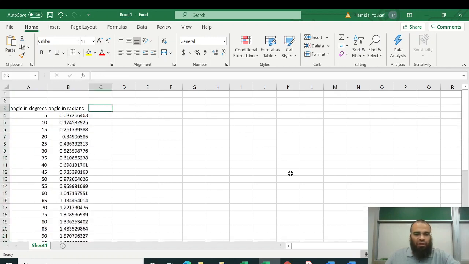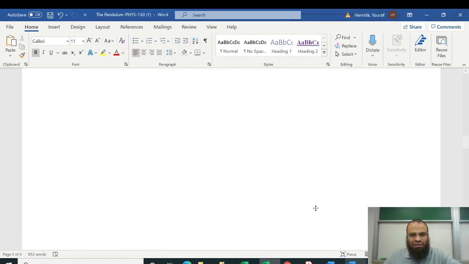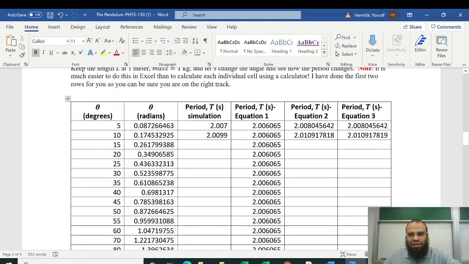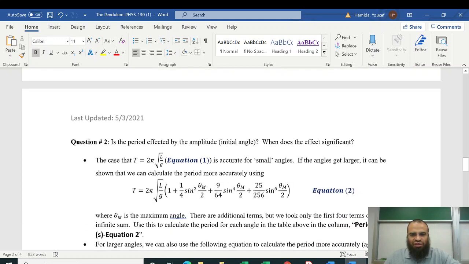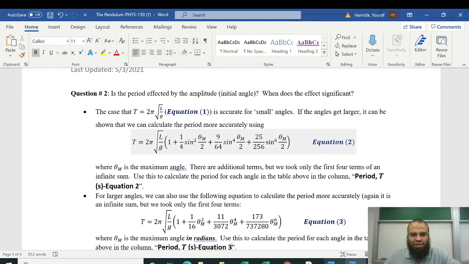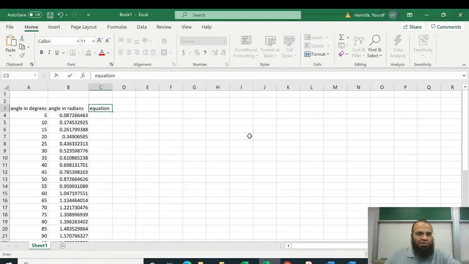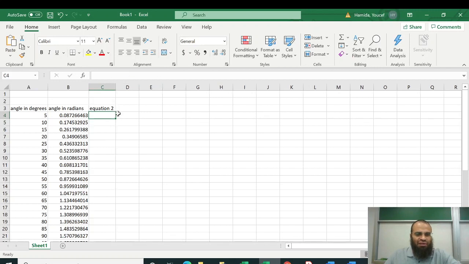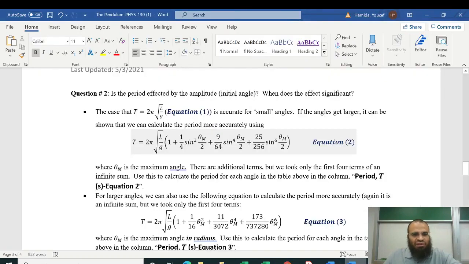Now, equation 1 or 2, I forgot. This one is equation 2, and this one is equation 3. So let's go equation 2. What does equation 2 say? It says I have equals 2 pi, the square root of L over G, and then times that whole thing.